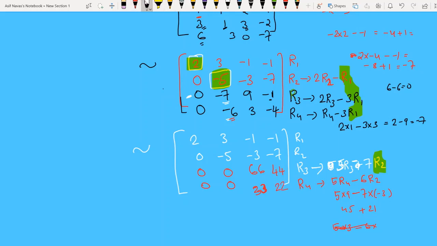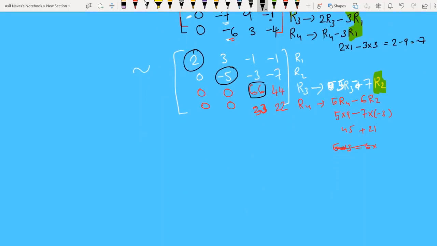Now what are the pivots here? These 2, minus 5. And what is the pivot here? 66. Now what do we want to make? We want to make this element 0.